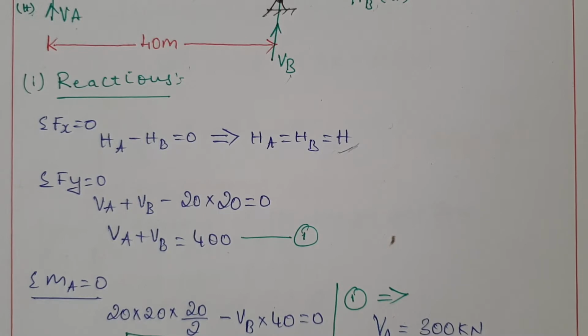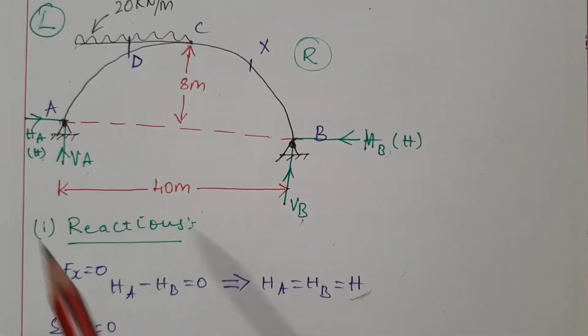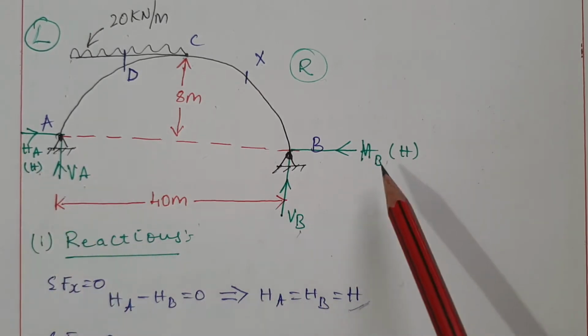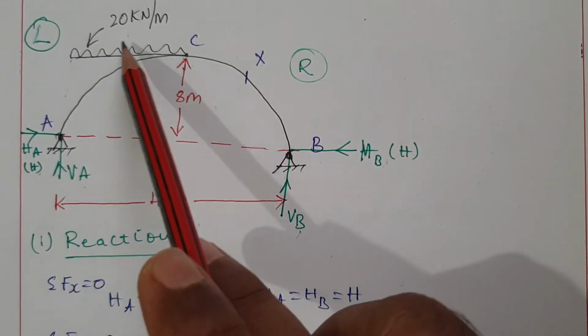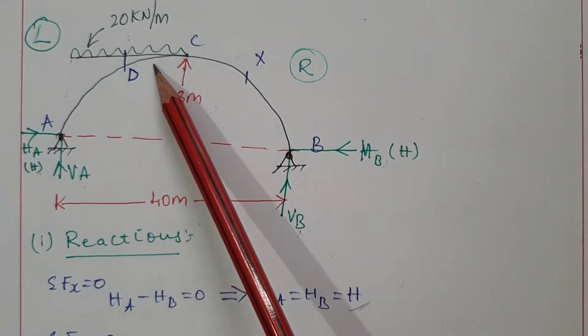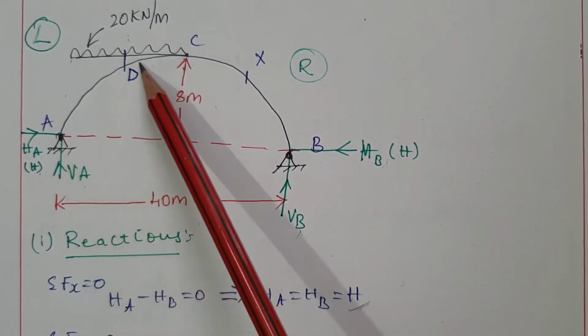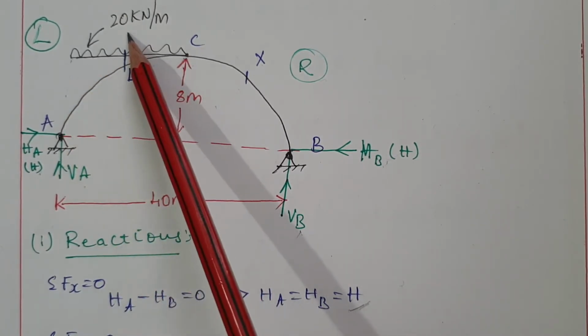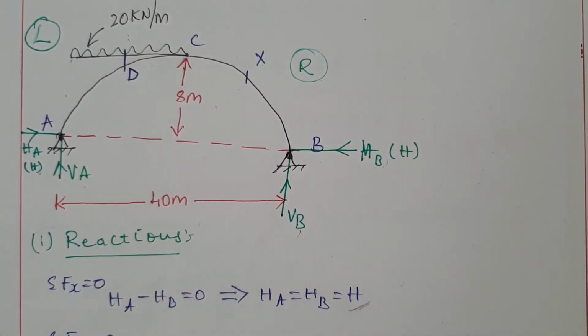Similarly, I consider moment at point A equal to 0. The forces passing through A become 0, leaving one force and another. The UDL tends to rotate anti-clockwise, its length is 20 and it acts exactly at the center, so it is 20 divided by 2, negative.